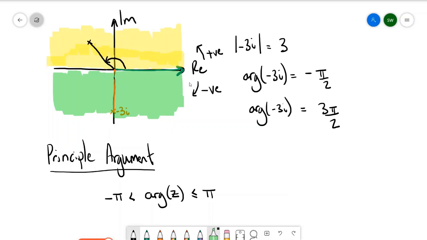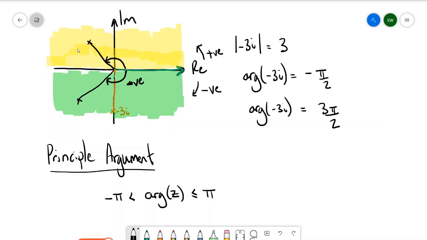So for example, if we had a complex number down here, then we're not going to spin in the positive direction all the way around like that, because that would be greater than pi. Instead, we're going to spin in the negative direction like that, negative, to get to that complex number.